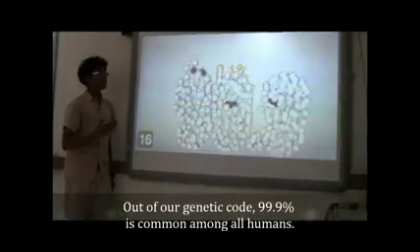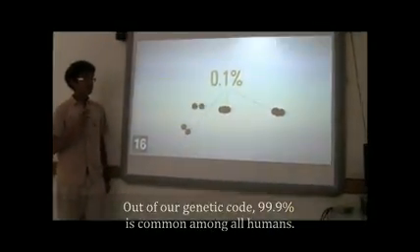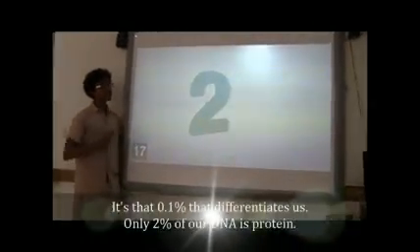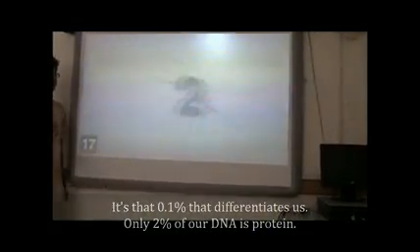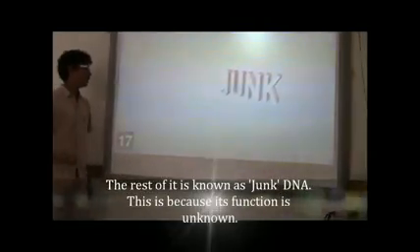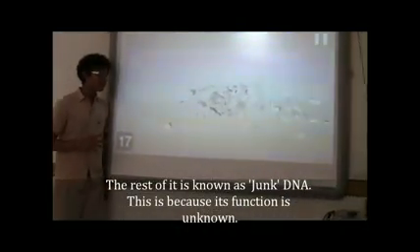Out of our genetic code, 99.9% is the same as everyone else. It's that 0.1% that differs us. 2% of DNA codes for protein. The rest of it is known as junk. It's not that it doesn't perform any functions, it's just that we don't know what these functions are.